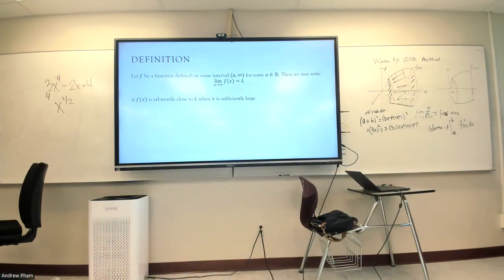Then I can always write that the limit as x goes to infinity of my function f of x is some number L. So the limit is equal to L if my function, that is my y values, get really close to that number L when x is large. So this is the formal definition.